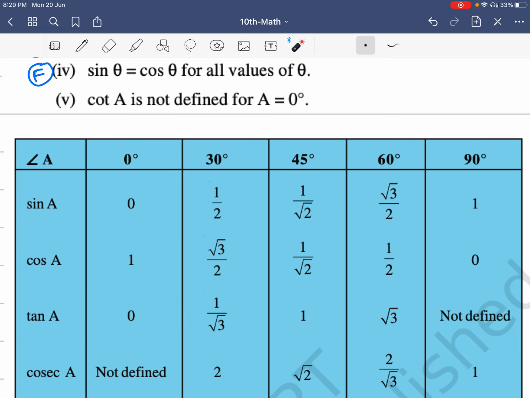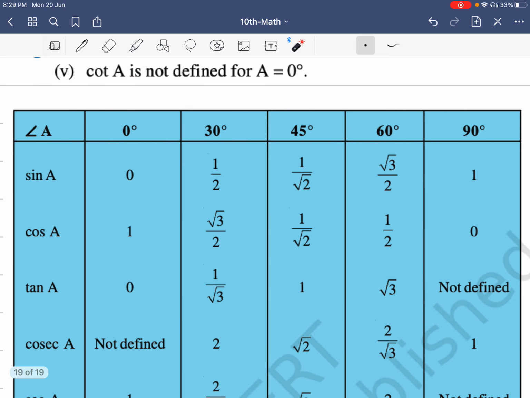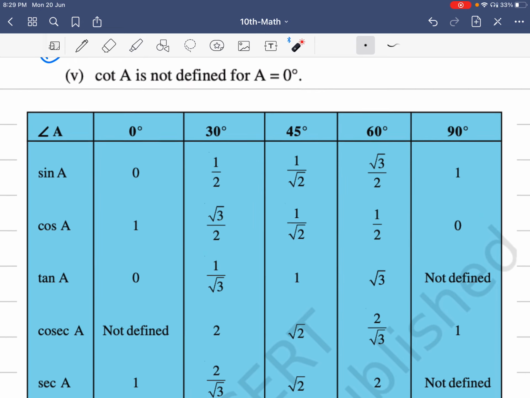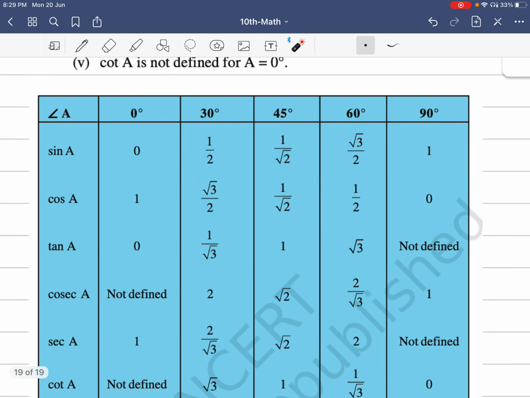And the last but not the least statement is cot A is not defined for A equal to 0 degree. That is absolutely true. So if you come to A equal to 0 degree, here it is. When A is equal to 0 degree, cot A is not defined.